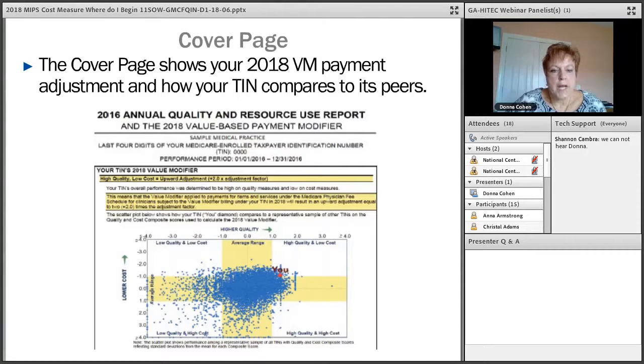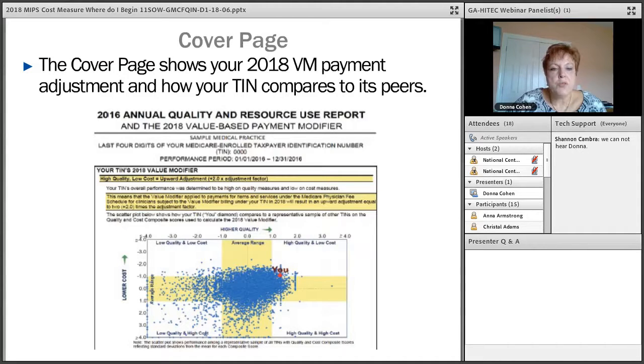And you'll see a scattergram that shows where you are in relationship to all the other TINs in your area. Each of the blue dots actually represents a TIN. So for this particular TIN, you see that they fall in that upper right-hand quadrant, which is the most positive place to be, which is high quality and low cost.